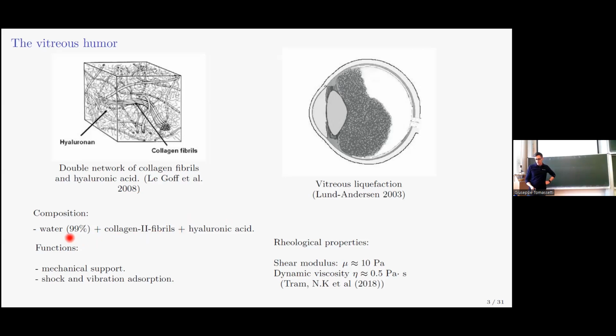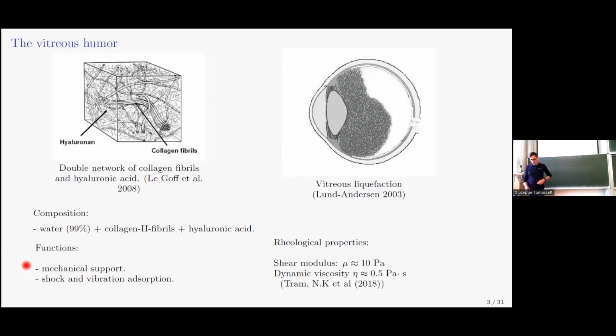If you look at the composition, it is made 99% of water, plus a double network of collagen fibrils and hyaluronic acid. The functions of the vitreous are essentially to provide mechanical support to the eye, to prevent it from collapsing, of course.